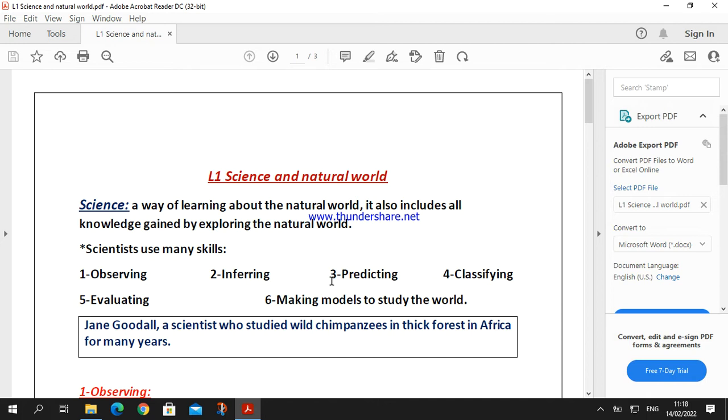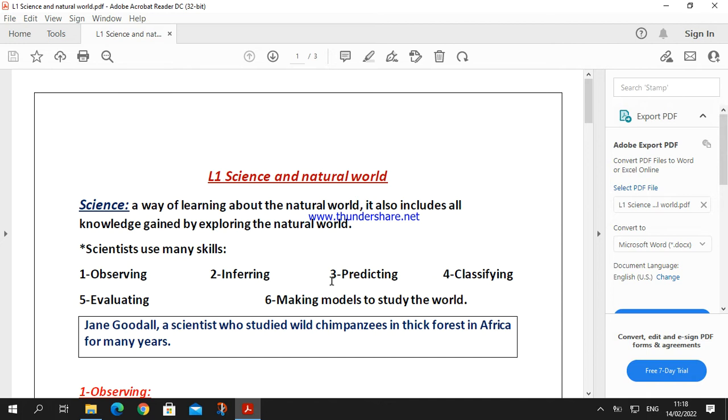Evaluating, and the last skill, making models to study the world. Scientists use or build some models to study the natural world around us. Like what?